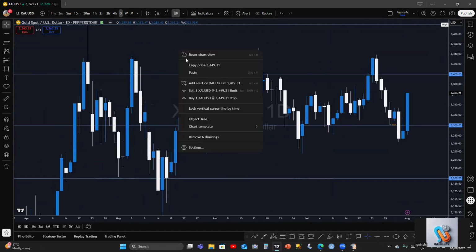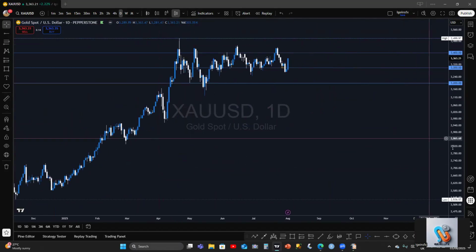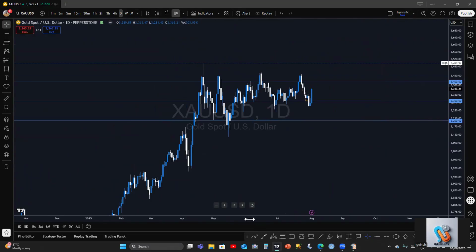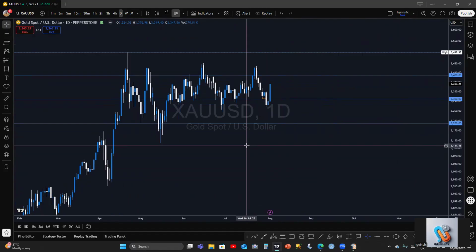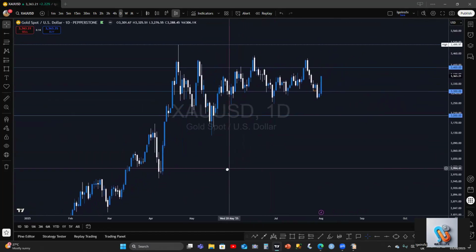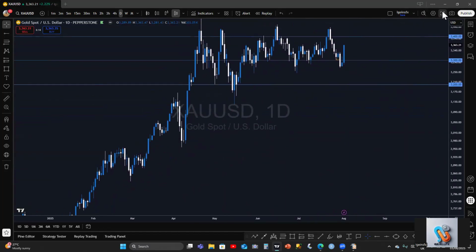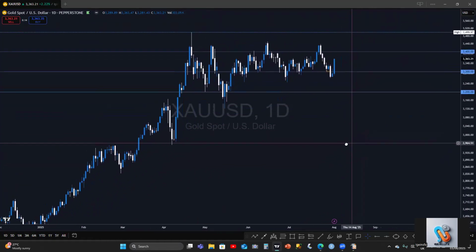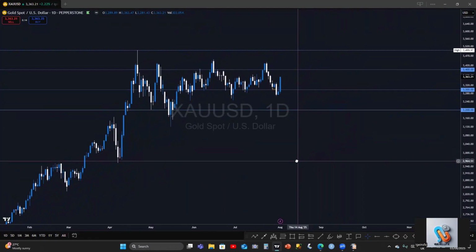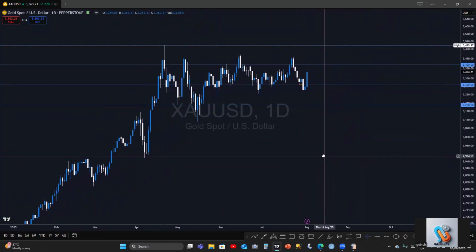So on the daily time frame, that is what we are going to use as our Google map. Remember, I told you guys that it's a higher time frame that decides the direction of the trend. Once you open it, you will see it very clearly.